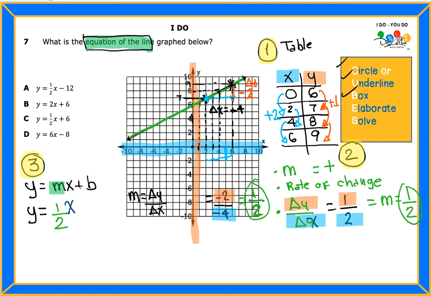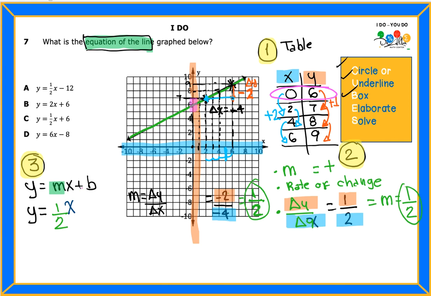And remember, we said b is where the green line crosses with the y axis, which is the orange line in this case, and it's right here, and I put it in pink. And then also I'm gonna highlight that in the table. So this that I highlighted in the graph is exactly the same thing I did on my tables, the (0, 6).